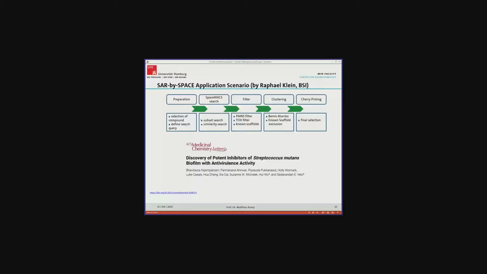The idea here is he took this publication where the authors looked for similar alternative compounds, making a classical SAR analysis around a hit compound, and we thought, in a virtual experiment, how this could be done also by accessing chemical space with SpaceMax.